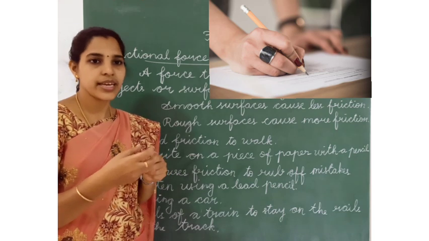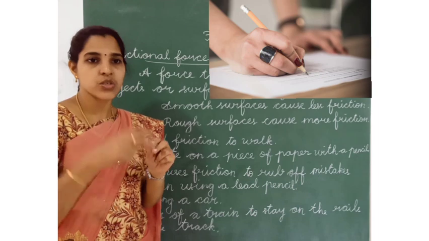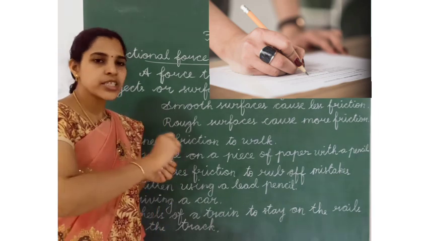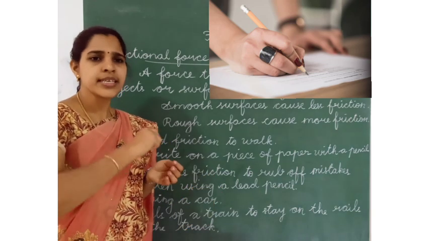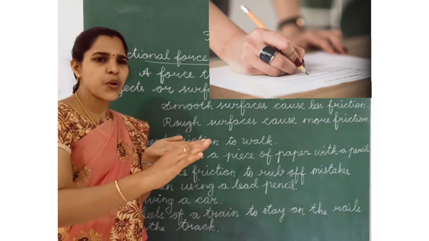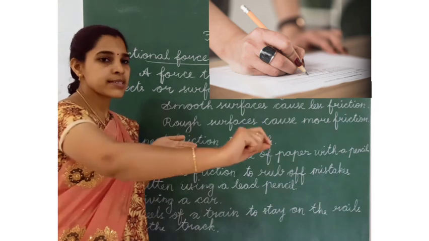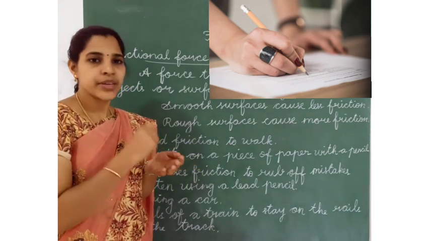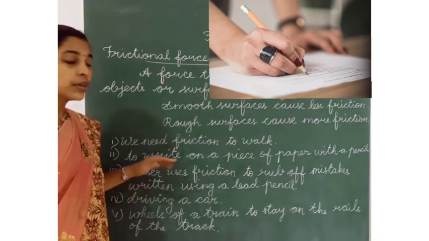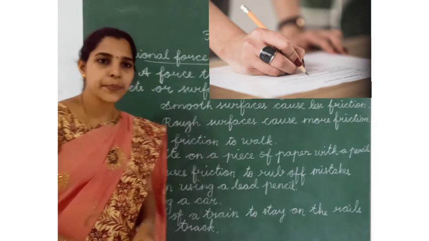So the pencil also needs friction so we can hold it properly. Then when we are writing on the paper, it is easy to write. Otherwise, if the paper is very polished, how will we write? When we start a letter, it will slip. We cannot write properly. So friction is needed to write on a piece of paper with a pencil.